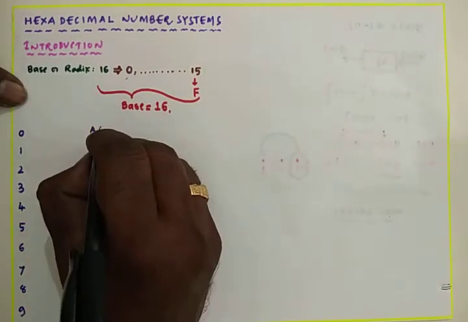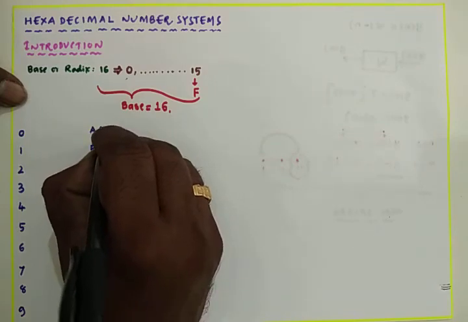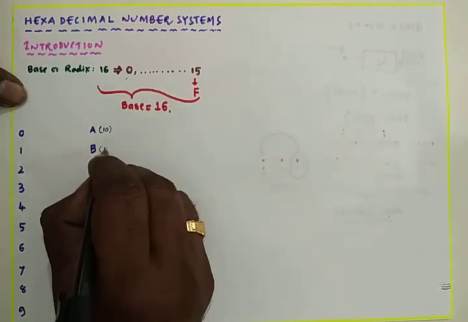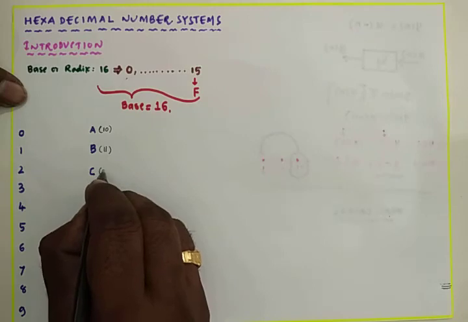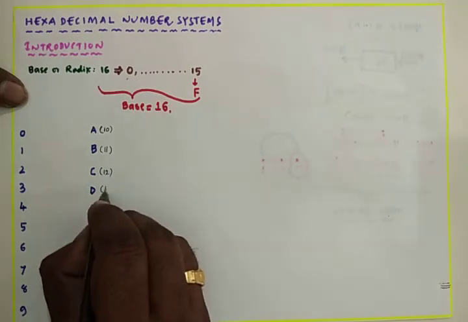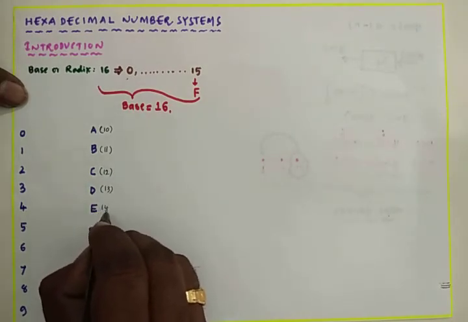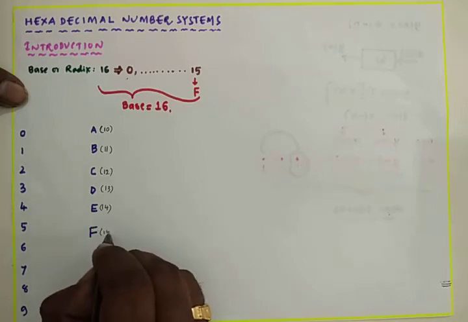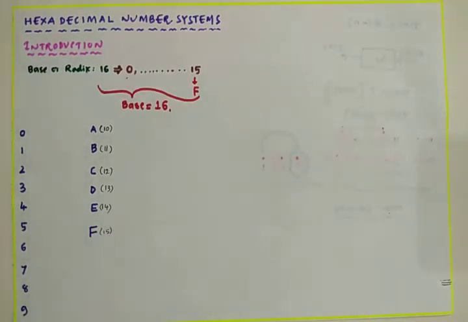A means 10, B means 11, C means 12, D means 13, E means 14 and F means 15. Then we can represent these hexadecimal numbers.